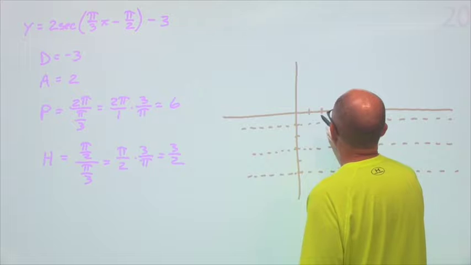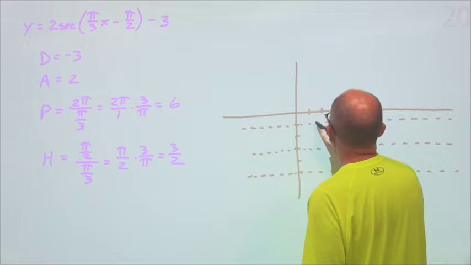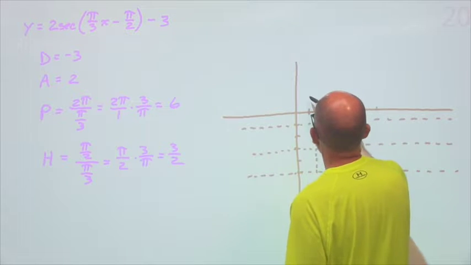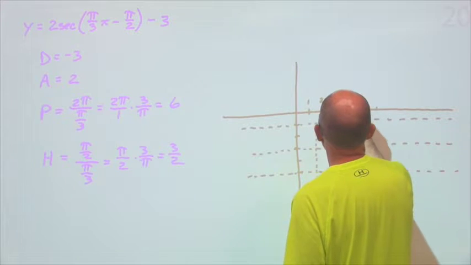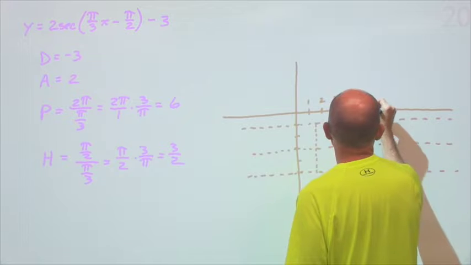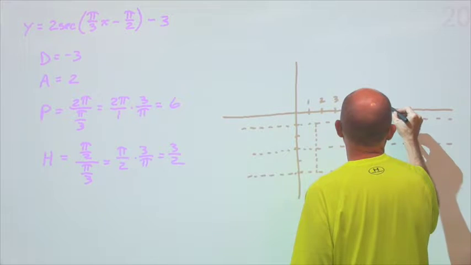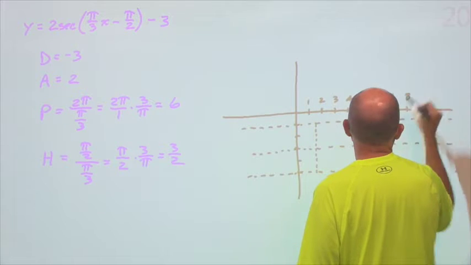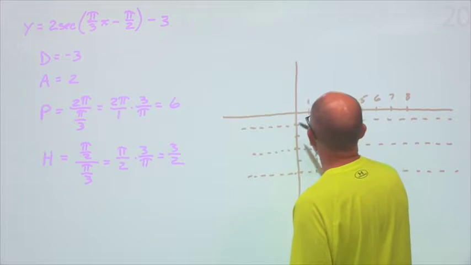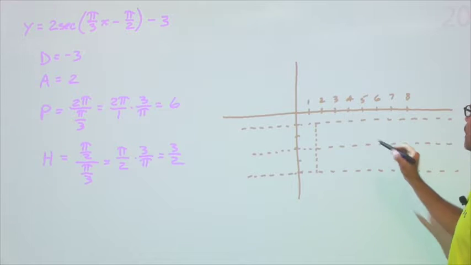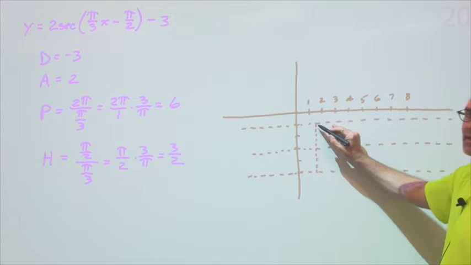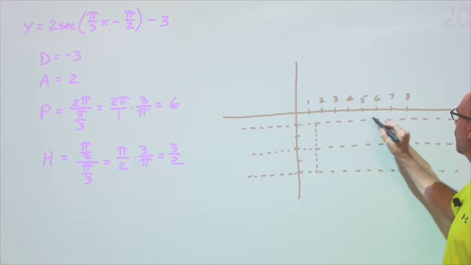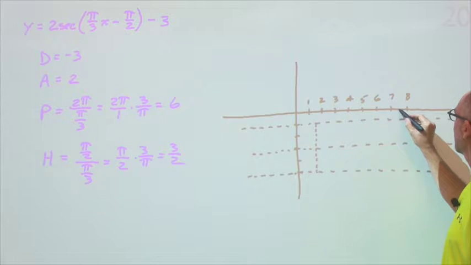Okay, so our left edge is 3/2 to the right. And so that makes our right edge 6 beyond that. So 1, 2, 3, 4, 5, 6.